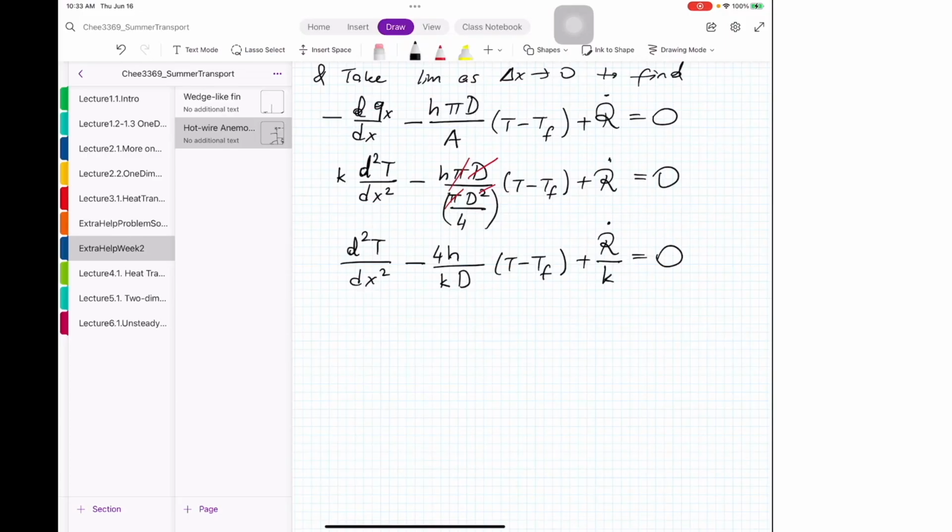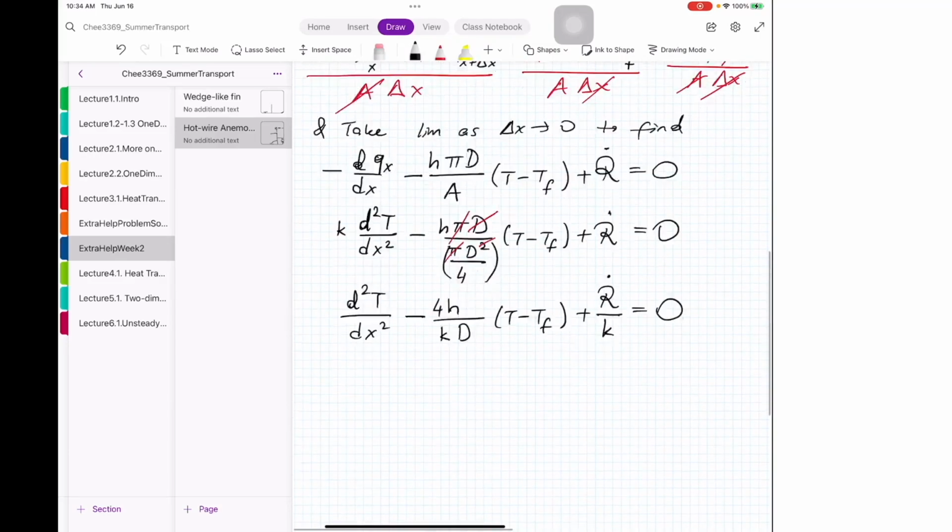And you can check the units to see that all the terms have the units of temperature divided by length squared, or Kelvin divided by meters squared. You can check the units to make sure you're not doing something wrong. Okay, good. And you can actually plug in the value of the r dot as well if you like.